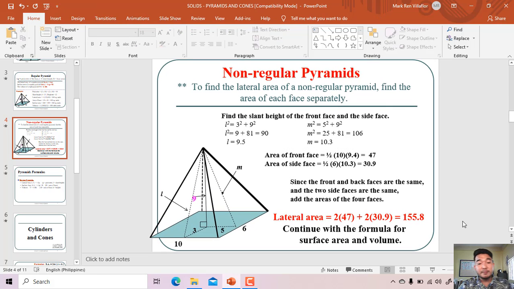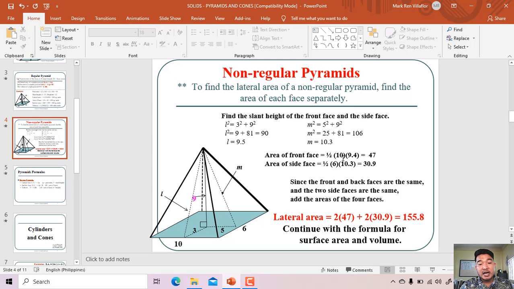Okay, so we continue. Area of front face. So take note that these are all triangles. The faces are all triangles. So the formula is 1/2 base times the height. So let us solve the front face first.